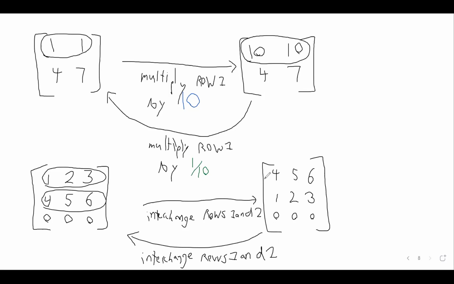So you interchange rows 1 and 2 again, and you're back to 1, 2, 3, 4, 5, 6. Right? So this is the corresponding elementary operation to the second elementary operation.